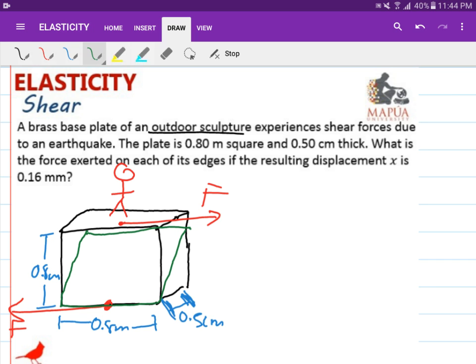So this 0.16 millimeters is actually this length. So let's call that x. Right, so what are the forces exerted?